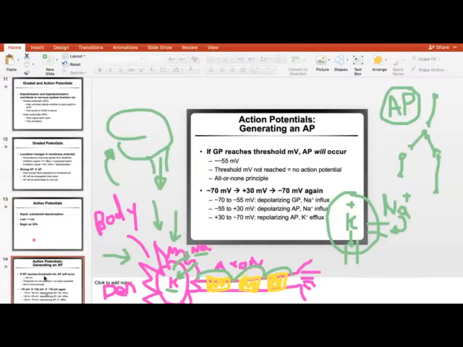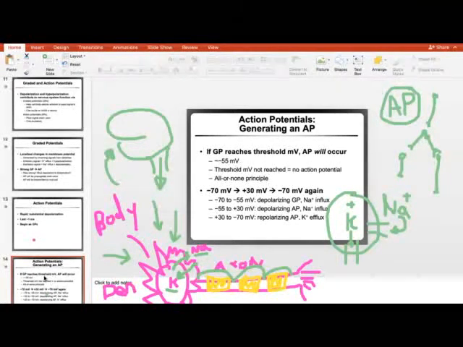At first, the cell body is at minus 70 millivolts. If the change in that electrical potential isn't high enough, like if it stays anywhere under negative 55 millivolts, then the signal is going to remain a graded potential.